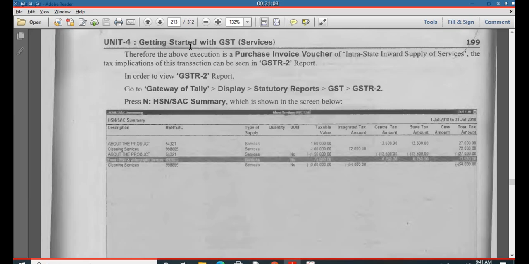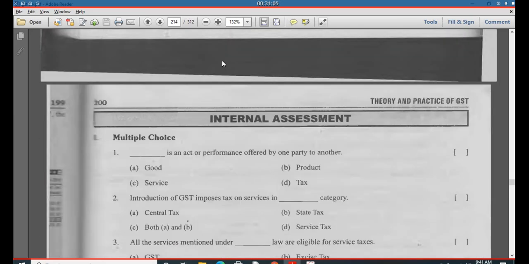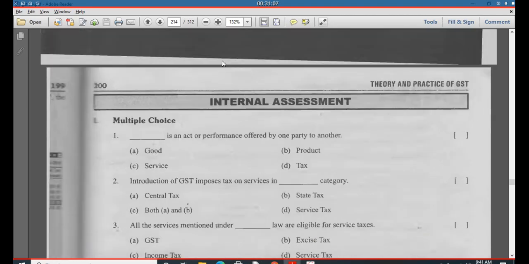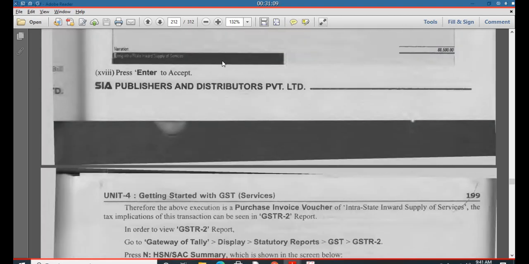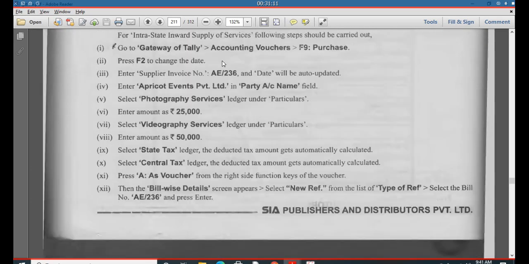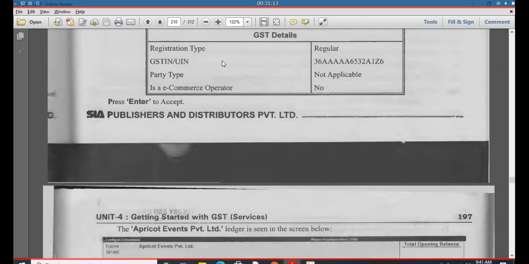Okay, so these are the things you have, and we have mostly finished our fourth unit. All the transactions related to services we have seen: inward supply, outward supply of services, within the state or with other states, how to cancel the services, how to cancel partial services. For cancellation we have to enter debit notes and credit notes, and we have already seen how to enter these tax details at the time of group creation.